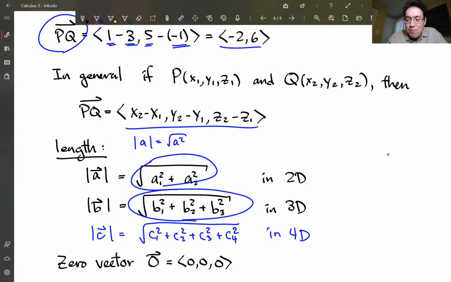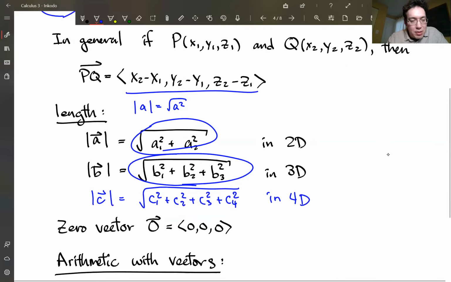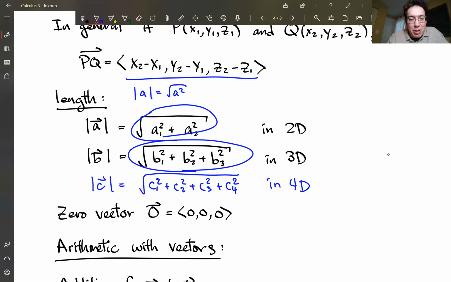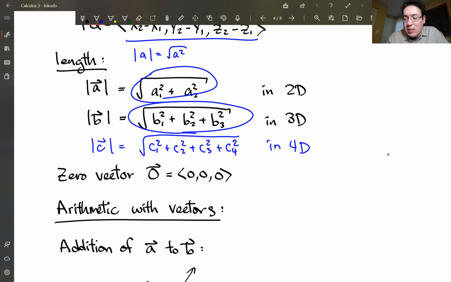And it would be. Okay, so that's how we can compute the length of a vector of arbitrarily many dimensions. It's harder to imagine, but the formula kind of expands in a well understood manner.